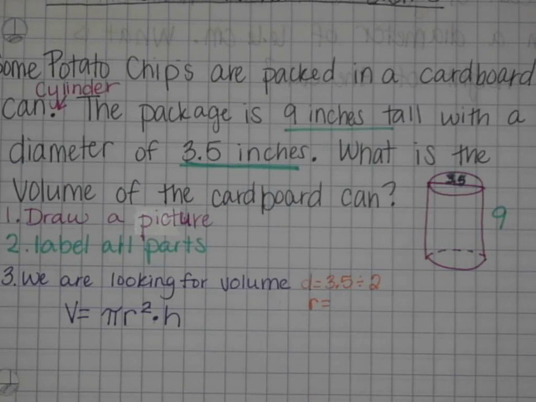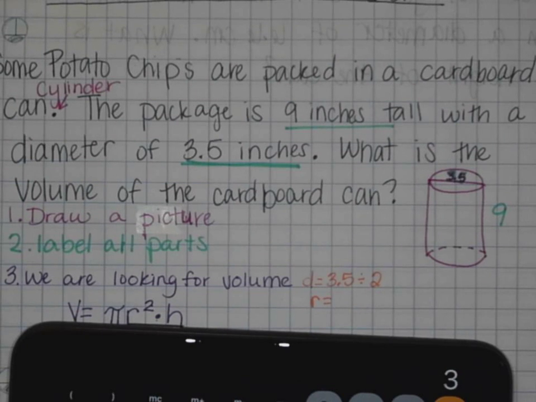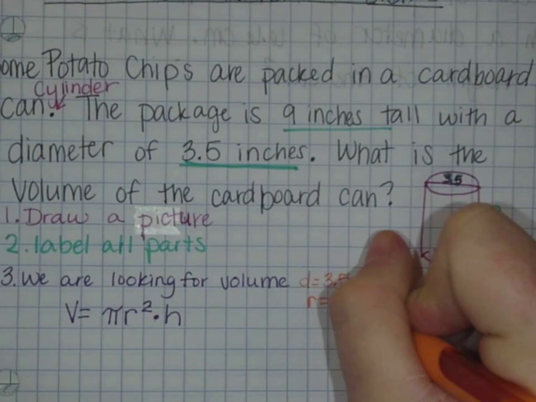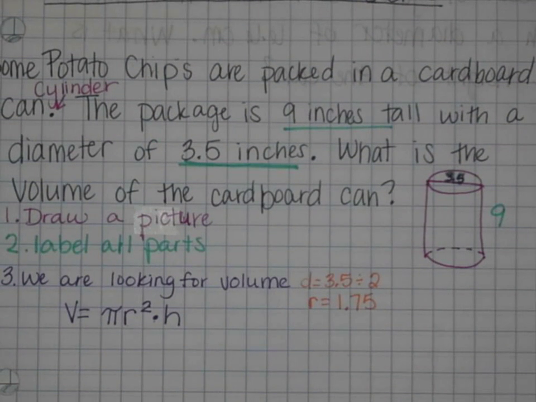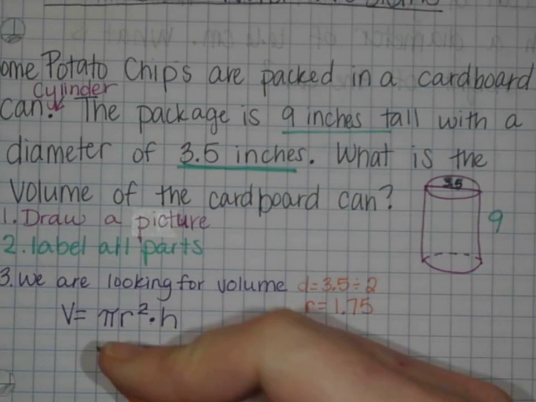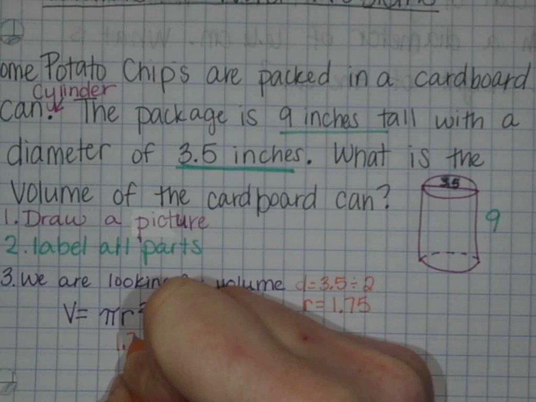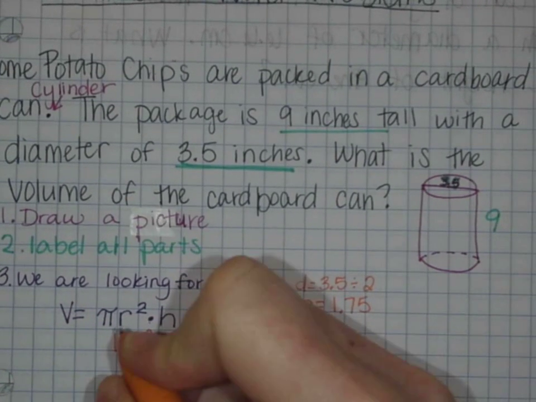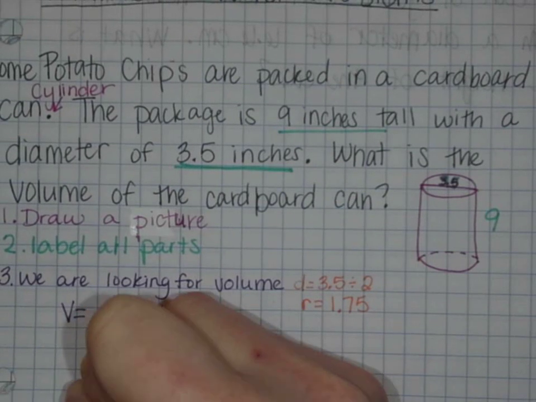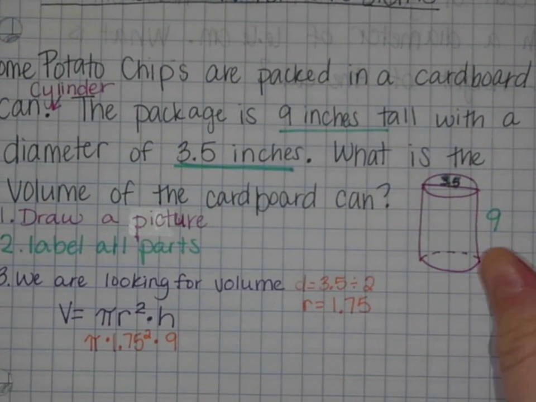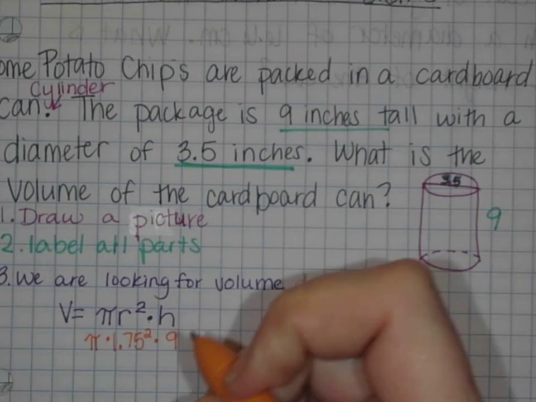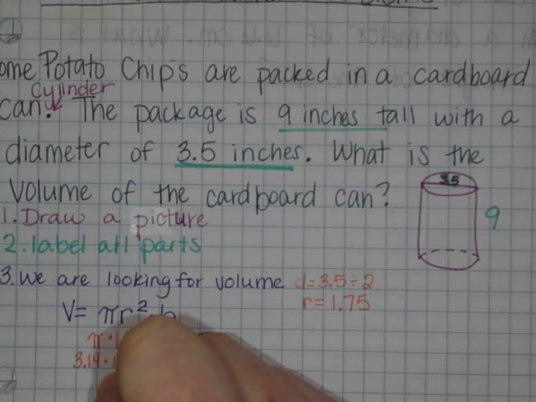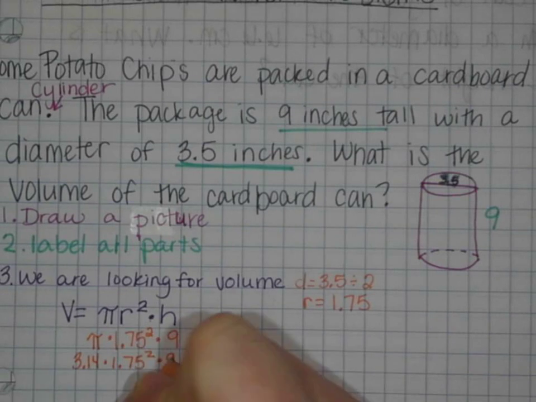Okay, so calculator, 3.5 divided by 2 is 1.75. So the radius is actually 1.75, so that's what I'm going to use for my radius. Times, we know our height is 9, times pi. Okay. So again, we're going to continue using 3.14 times 1.75 squared times 9.